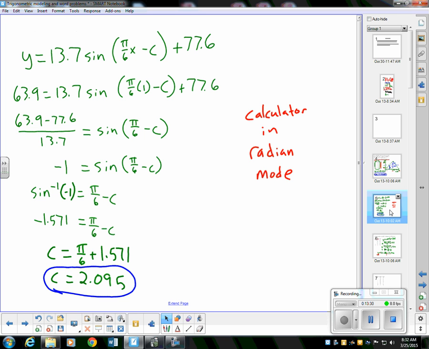We could have used any of those on the table, but the standard is to always use the lowest y value and its corresponding x and work it through, and c becomes 2.095. You may want to pause and go through the algebra, but the bottom line is this is how you can solve for c.